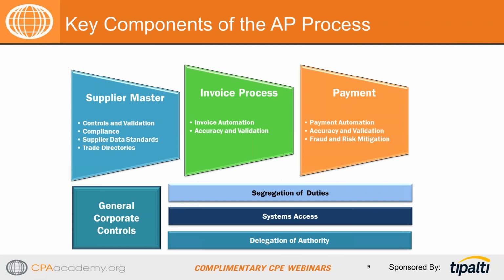And if we think about the key components of the AP process, and I've seen this many, many times over the years, anytime I've done an AP process review, I find that if the information in the supplier master is correct and verified, we know invoices that are being processed by that supplier are going to be correct. And of course, we're dependent on that being done correctly.